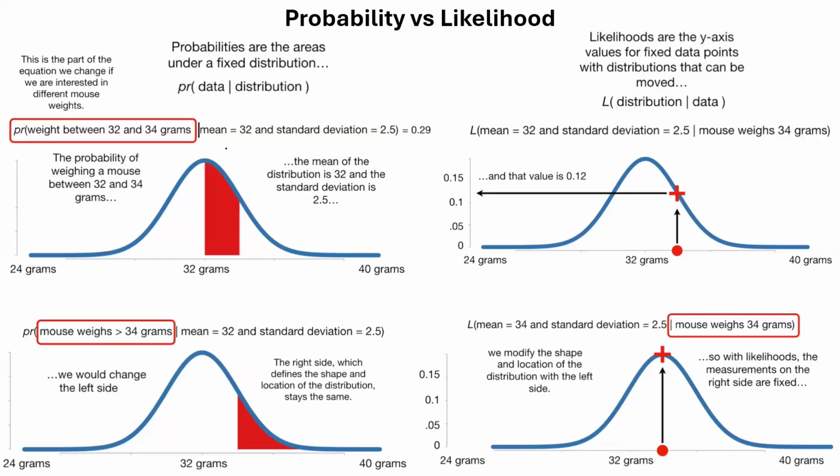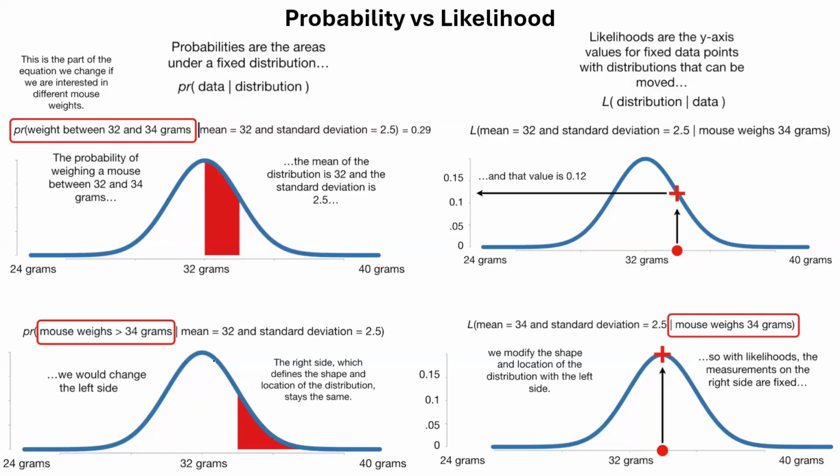I'm revising this because I want to tell you the difference between probability and likelihood. So this is what probability is: if asked for the probability of a mouse weighing between 32 and 34 grams, we just calculate the area under this curve.